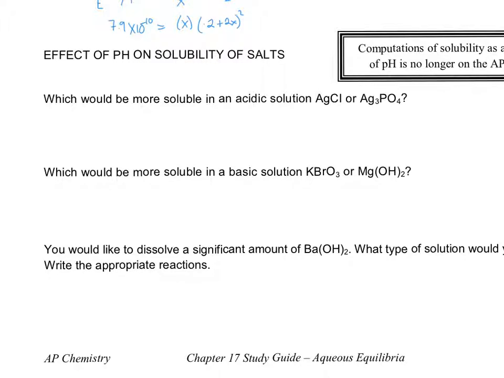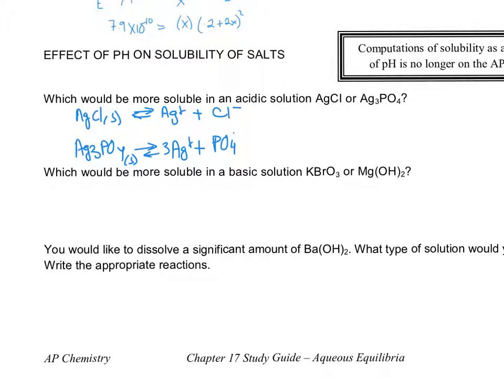So AgCl dissociates into Ag+ and Cl minus. Ag3PO4 dissociates into 3 Ag+ and PO4 3 minus.